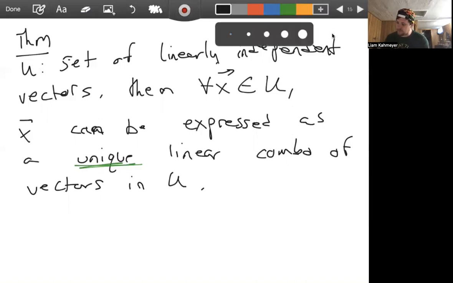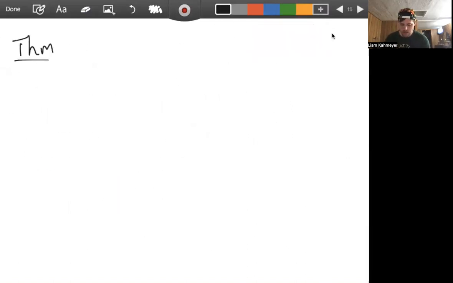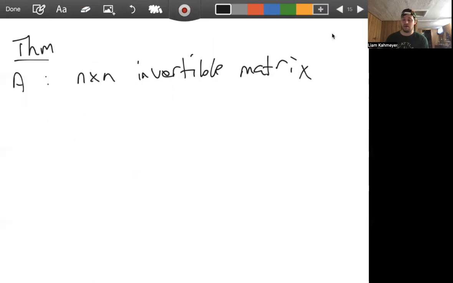We have another theorem that says, let A be an n by n invertible matrix. And what does invertible mean, right? It means A inverse exists, or it means the determinant is nonzero, so the matrix is non-singular.